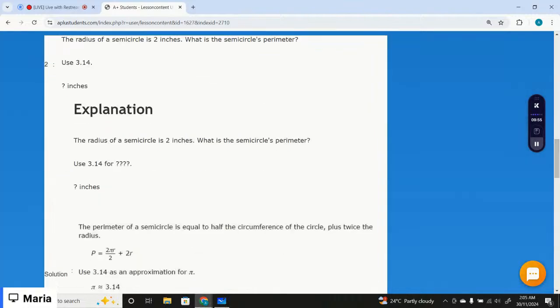The radius of a semicircle is 2 inches. What is the semicircle's perimeter? You are given the radius, that is 2 inches, and you need to calculate the semicircle's perimeter. So that is P equals 2 pi r divided by 2 plus 2r.